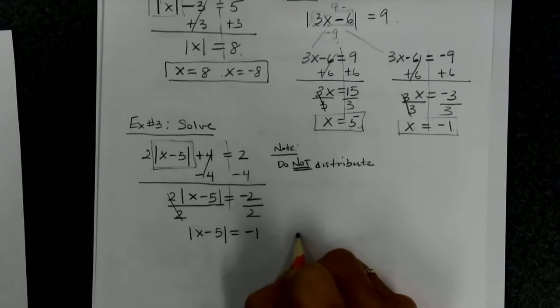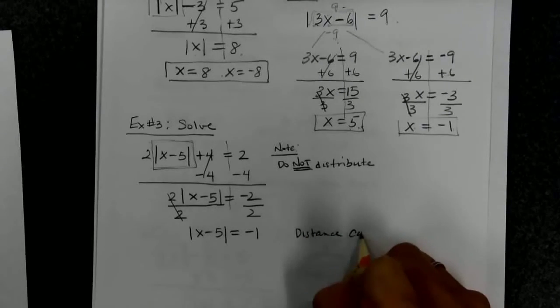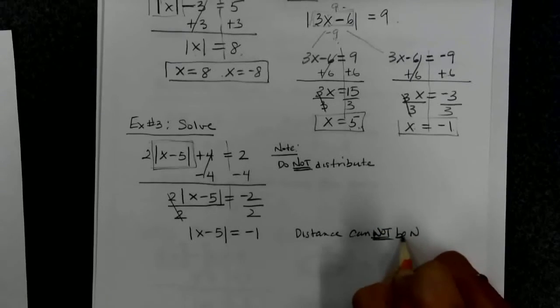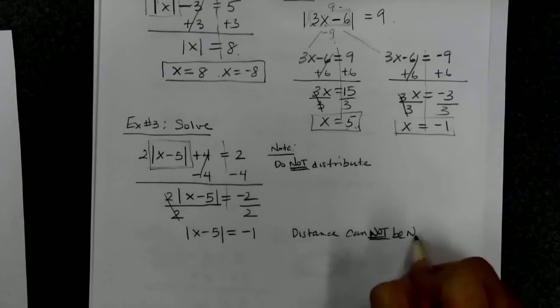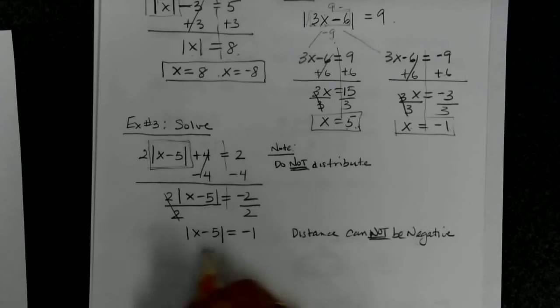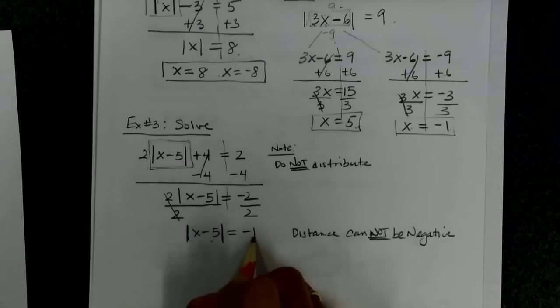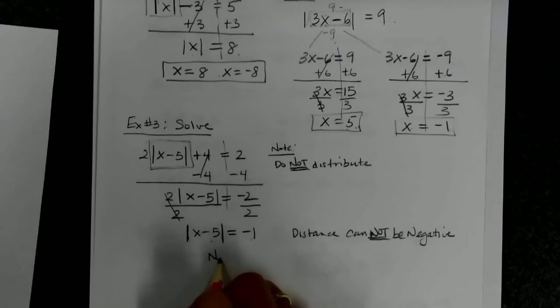So remember, distance cannot be negative. So that means that absolute value can't be negative. So in this case, since the absolute value of this is equal to negative 1, there is no x value that could make this ever be negative 1, so this will be no solution.